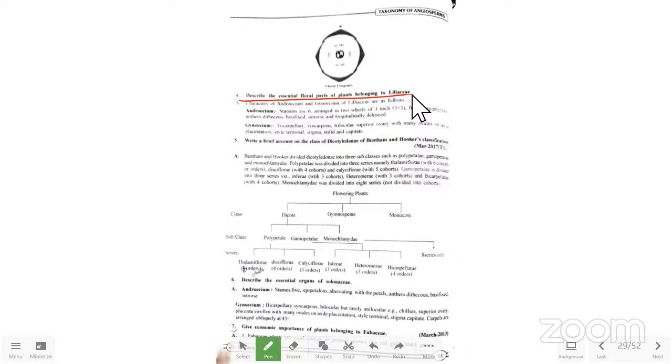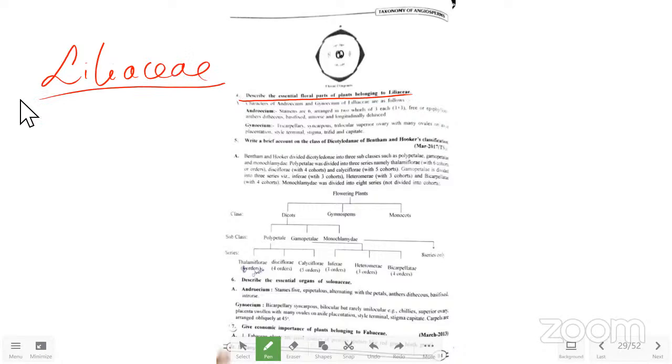So when we are talking about the Liliaceae family, we have to remember a lot of things. The Liliaceae family is a monocot family, and here calyx and corolla are not present. That means there is no distinction between the calyx and corolla, so we call them perianth lobes.